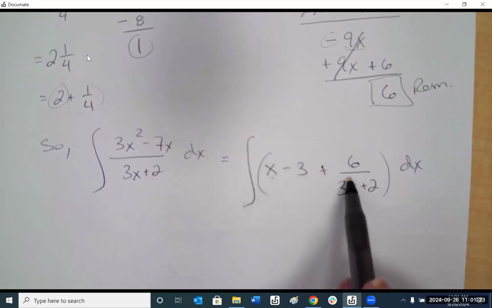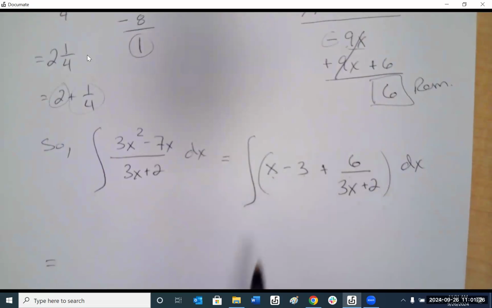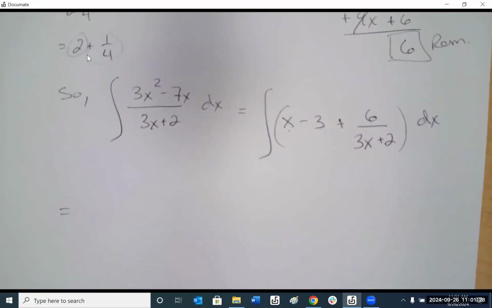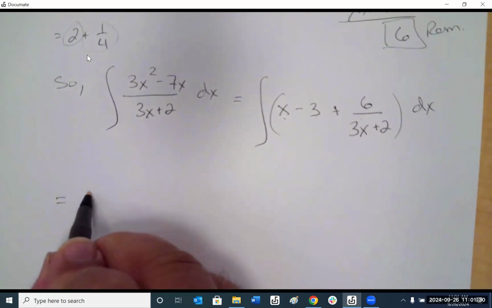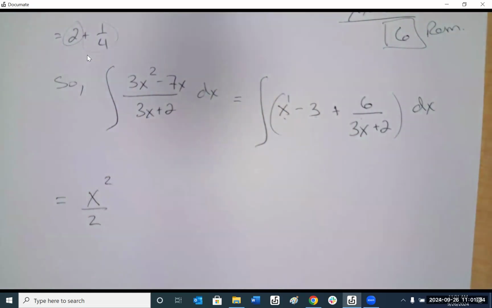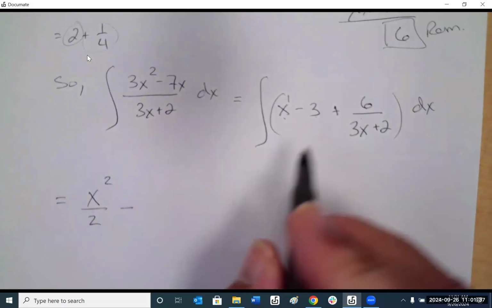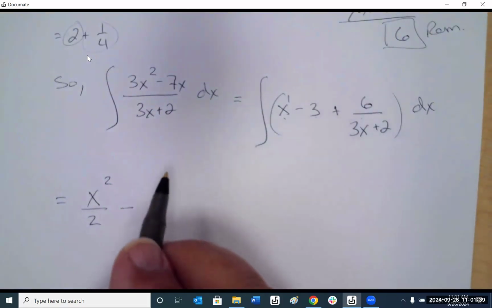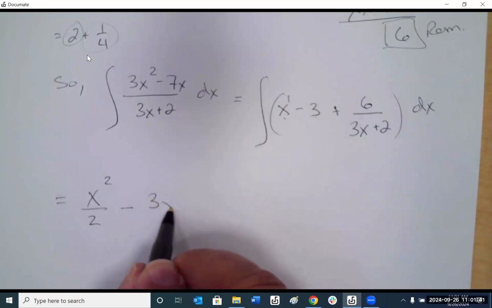So we can do each one of these separately. So what's the integral of x? Yeah. Add 1 to the exponent, which is 2, and divide by 2. Integral of 3, 3x.